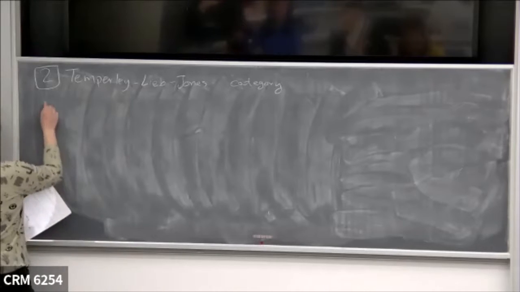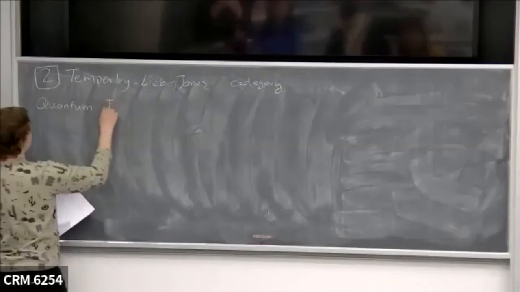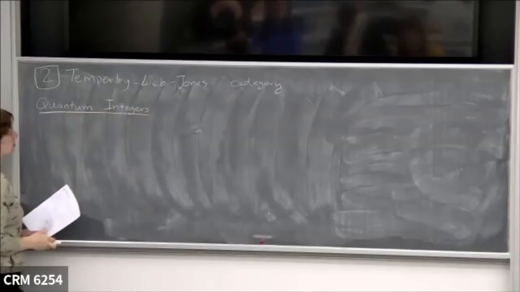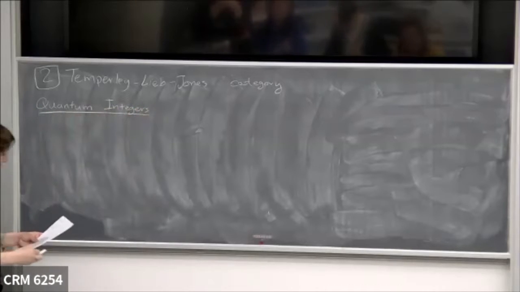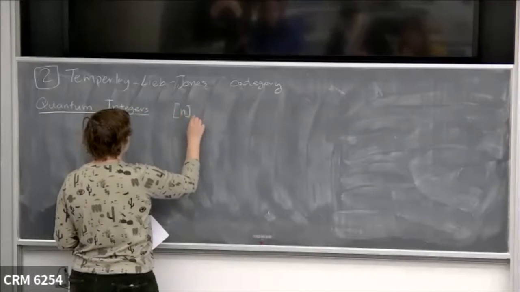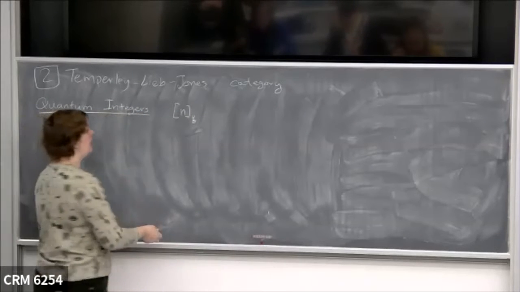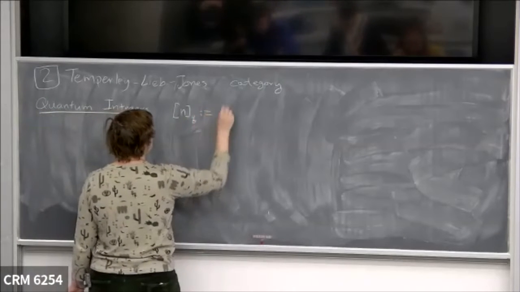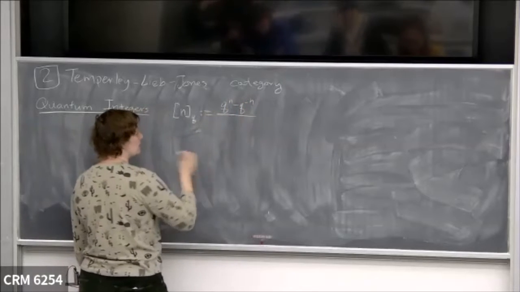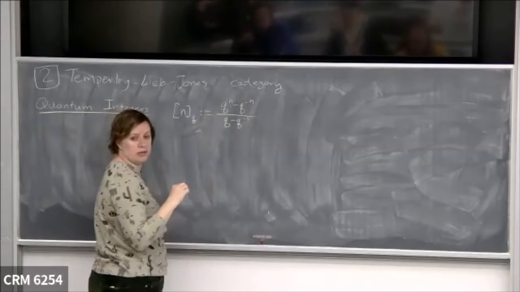Before I start talking about Temperley-Lieb, let's introduce some notation so we're all on the same page. Quantum integers have more than one definition, but the one I'm going with today is that quantum n is the ratio q to the n minus q to the negative n over q minus q inverse.